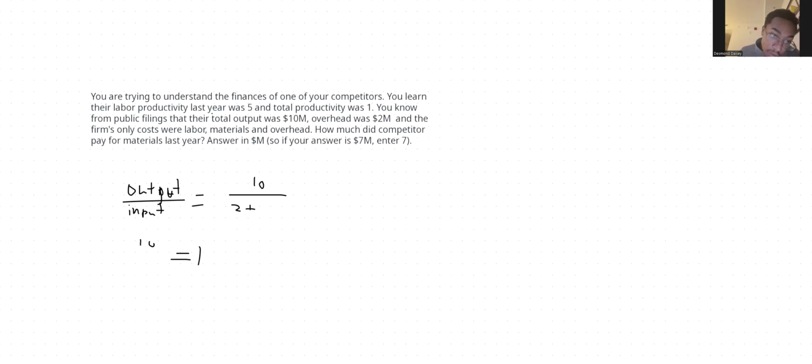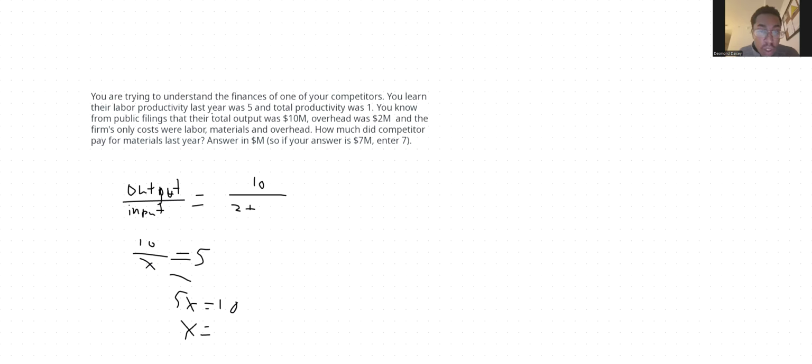Their labor productivity was 5, which means that their labor was this. So how you solve for that is you just do the math and you get 5x equals 10, x equals 2. So their labor cost was 2 million.